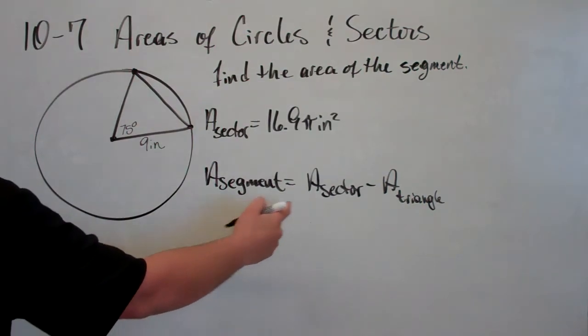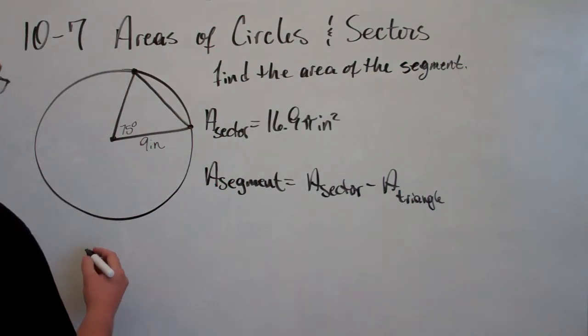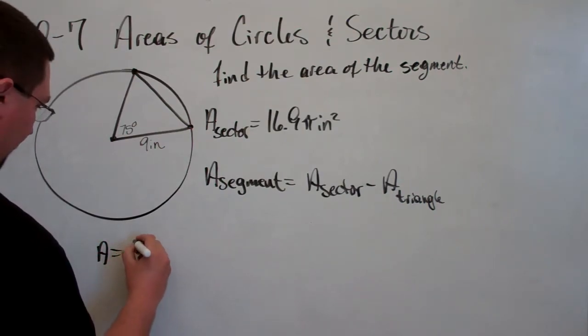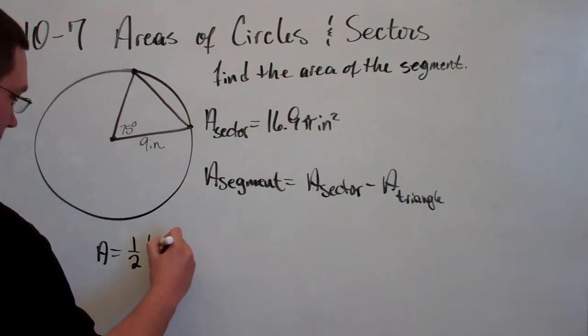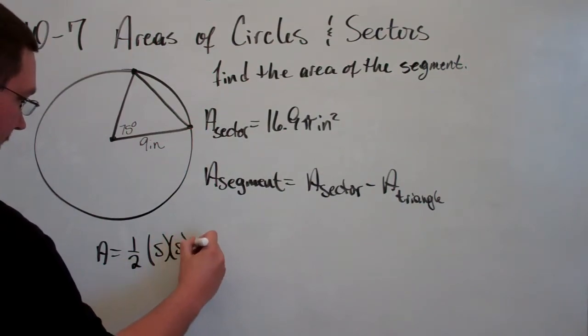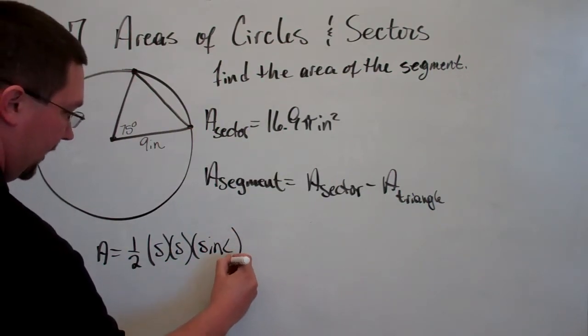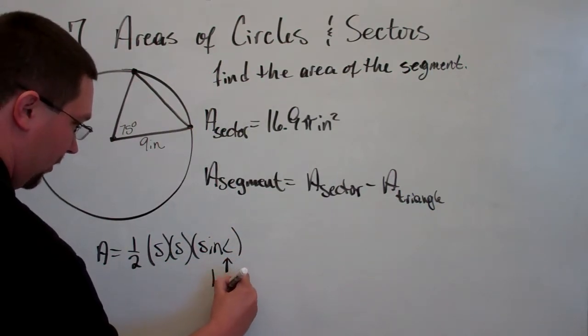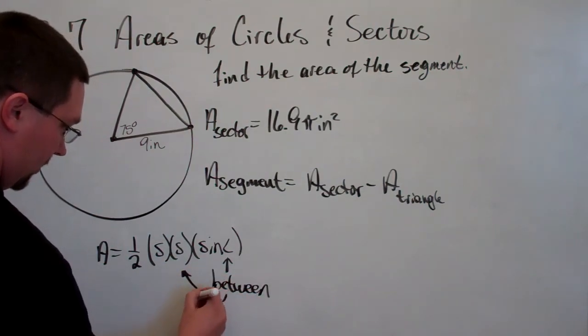So, area of the segment, we have the sector, let's find the area of a triangle. Well, if you recall the new formula for finding area of a triangle that we just went over, it comes in real handy here. You have 1/2 of one side times another side times the sine of the angle, but this angle has to be the angle between these two sides.